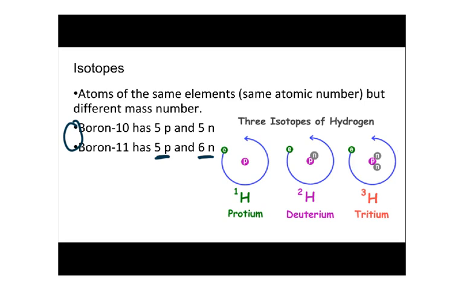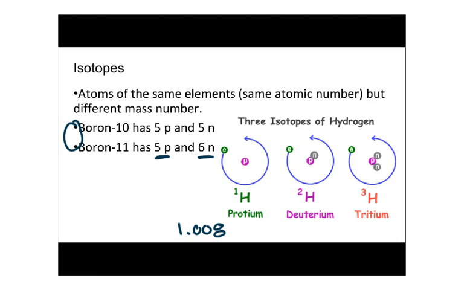Almost every element has at least one other isotope. Hydrogen has 3 isotopes. The average mass of hydrogen is 1.008. I mean, it's much longer than that, but let's go ahead and go with that. 1.008 is the average atomic mass.